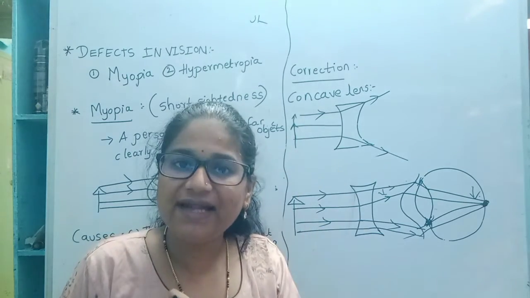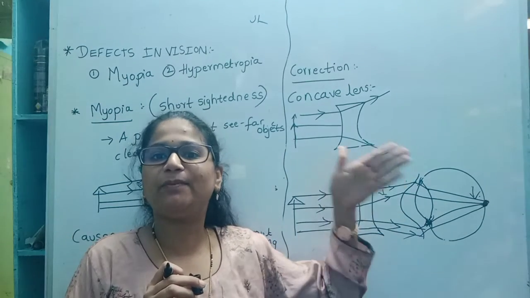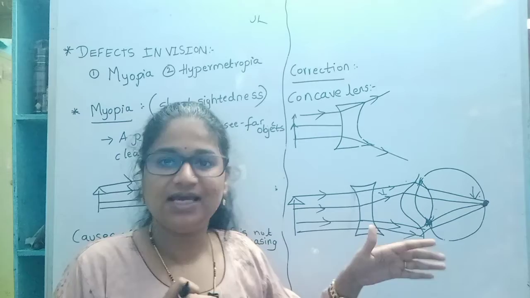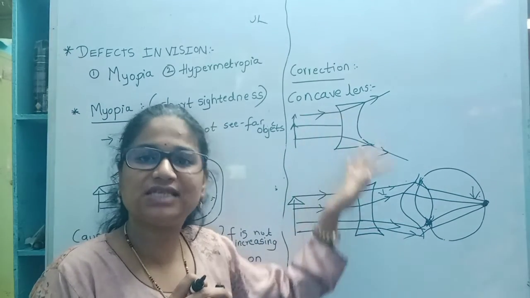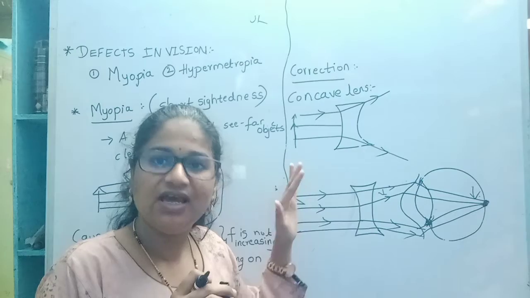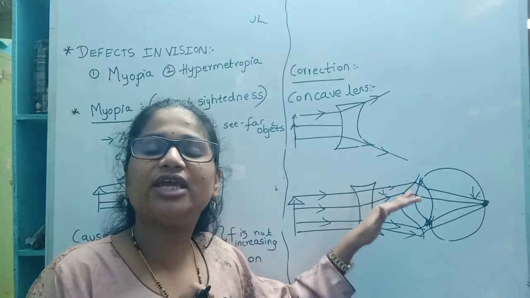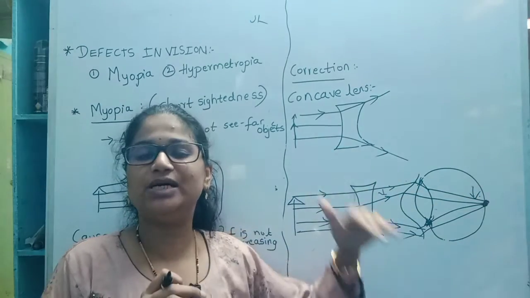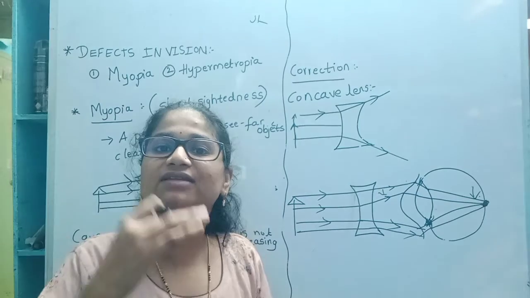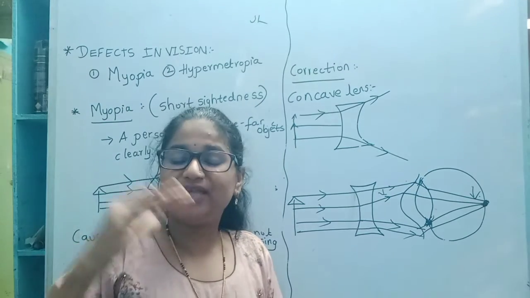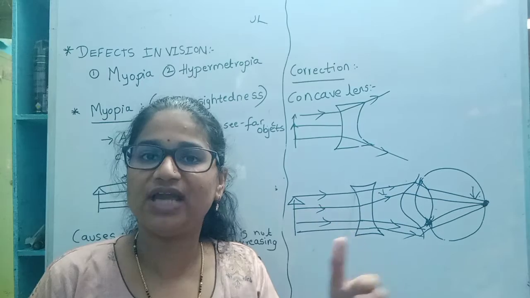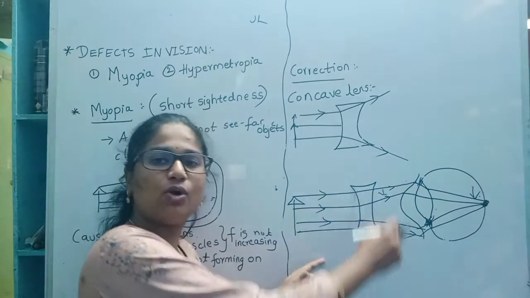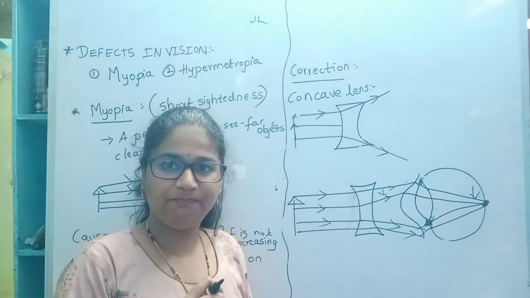Based on that power, your spectacles are made using different lenses, which will be concave lenses only. Every myopic person will be prescribed a concave lens only, but the power differs from person to person, based on the grade or degree of their myopia.